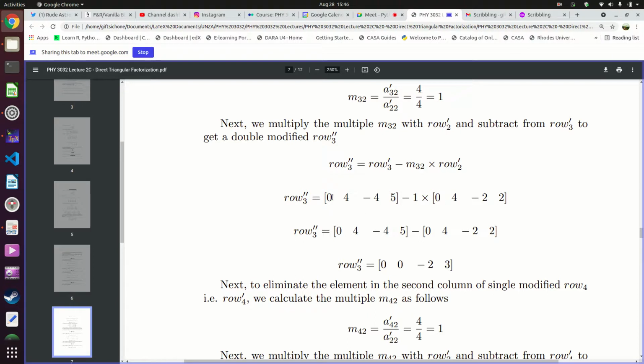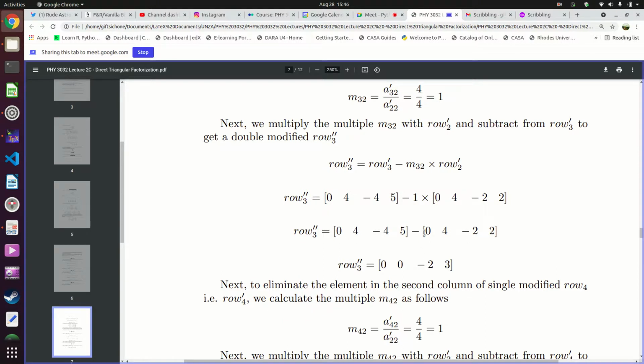So that's 0, 4, minus 4, 5 minus 1 times 0, 4, minus 2, 2. So here we end up having 1 times 0 is 0, 1 times 4 is 4, 1 times minus 2 is minus 2, 1 times 2 is 2.